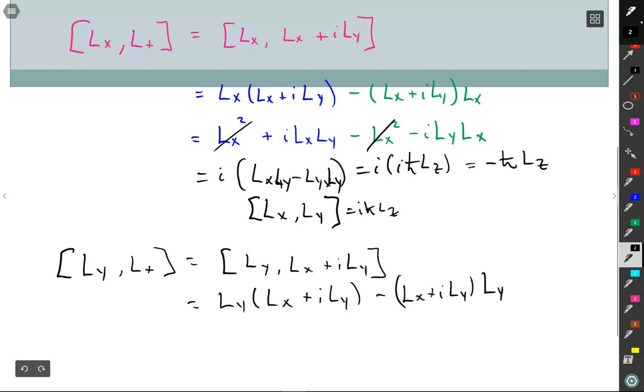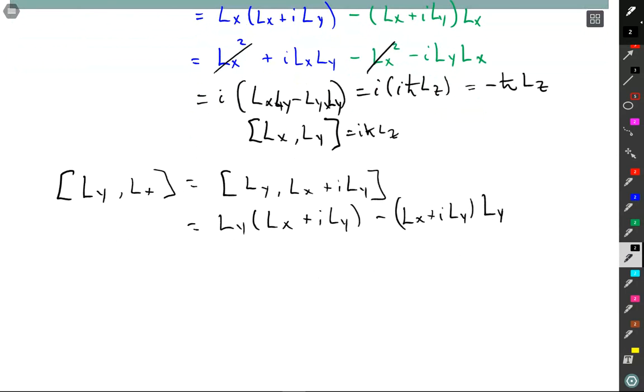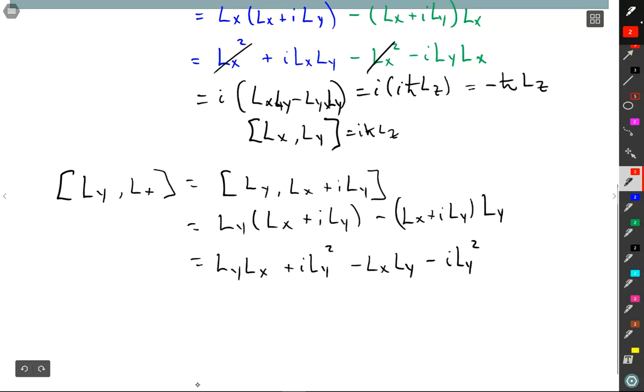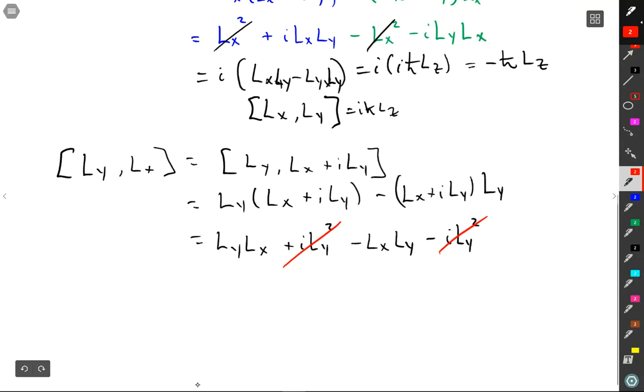I'm going to actually do it out because it's not quite as intuitive, I don't think. You very well could have been right, but I'm doing it out. And just like last time, we have this here that subtracts out. Ly Lx minus Lx Ly is equal to minus Lx Ly.